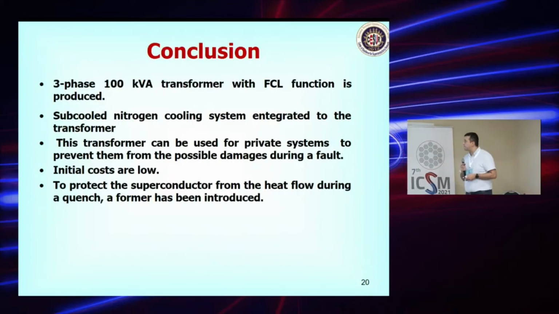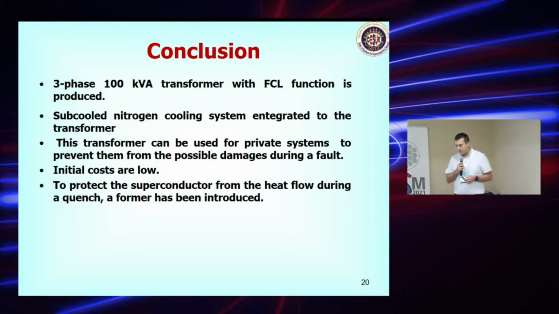As a conclusion, during this project we produced a three-phase 100 kilovolt-amp transformer with FCL function, and a subcooled nitrogen cooling system integrated into the transformer. This transformer can be used for private systems to prevent them from possible damage during a fault.